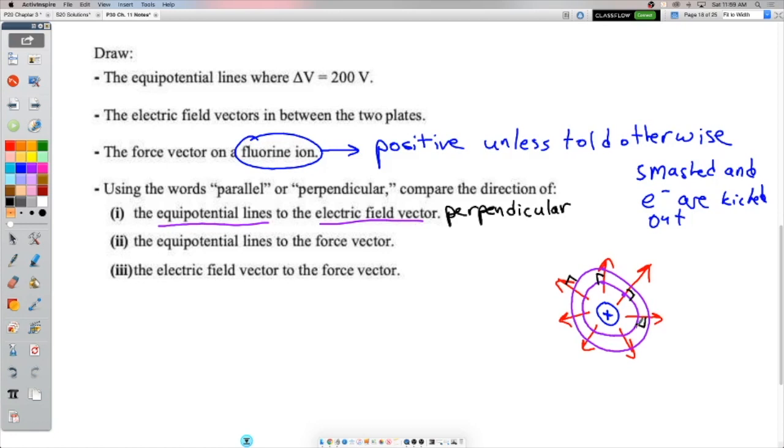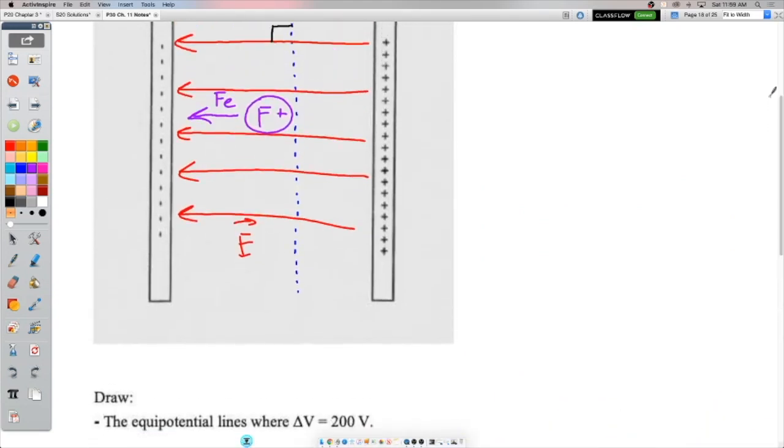Okay, the equipotential lines to the force vector. Well, can the force vector ever be anything other than parallel or anti-parallel to the electric field? Even if this were not a positive charge, if it were a negative charge, if I put an electron here, what kind of force would it feel? It wouldn't feel it in the same direction as the electric field, but in the exact opposite, right?